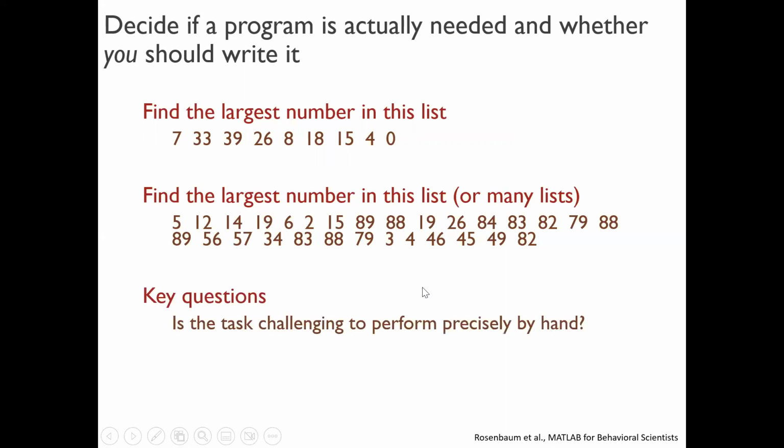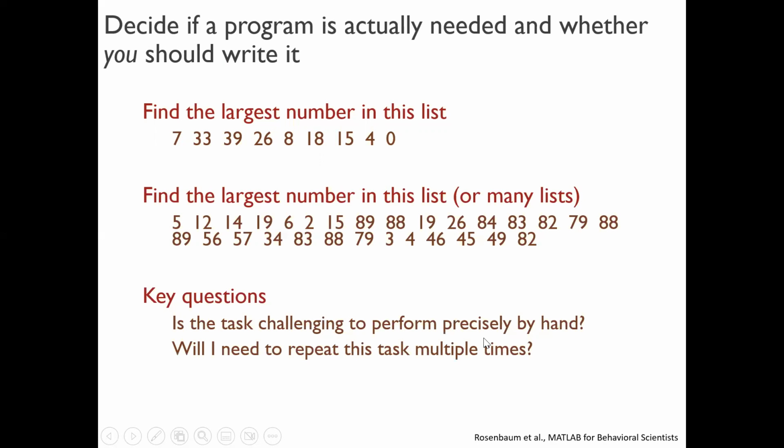So when thinking about whether you need a program, one of the things you may want to consider is whether the task you're performing is challenging to do precisely by hand or manually. Okay? So the key 2 things here are, is it challenging, and specifically challenging to do precisely. So precision is key when we're talking about data analysis.